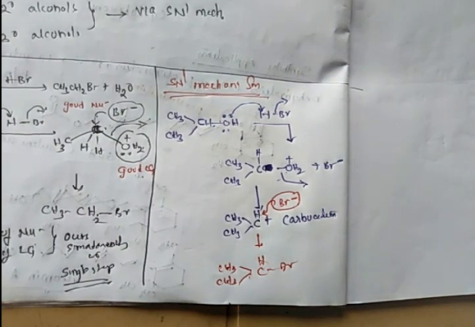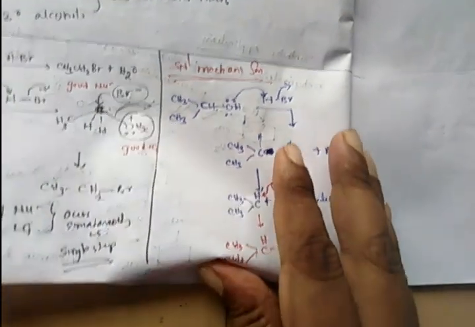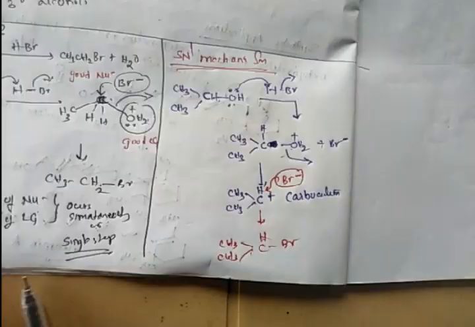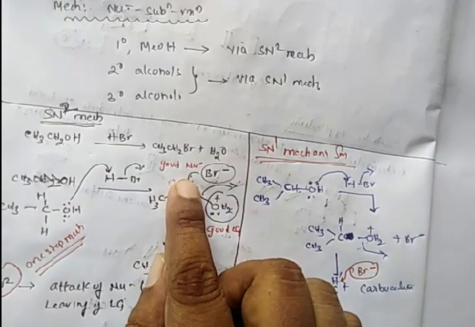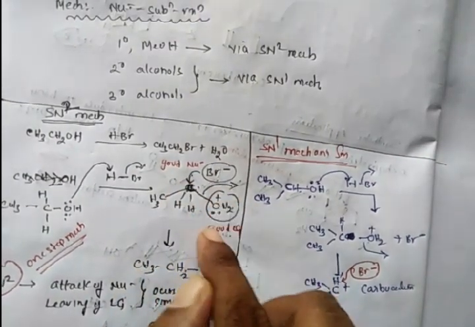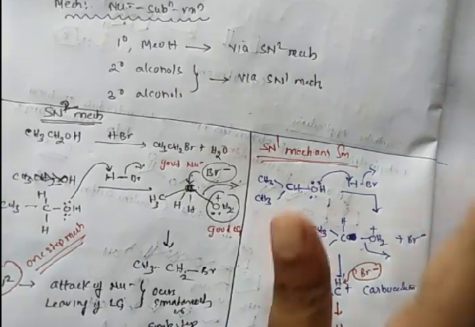The most important steps in substitution reactions are the attack of the nucleophile and the leaving of the leaving group. Coming to the SN2 mechanism, the attack of the nucleophile and leaving of the leaving group occur simultaneously.